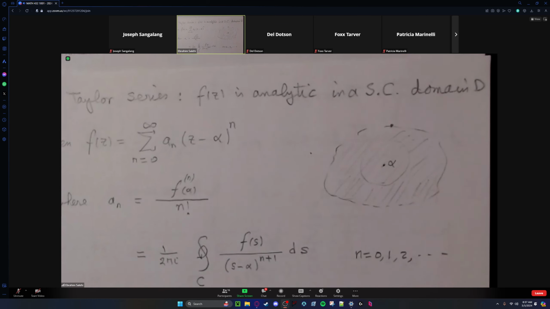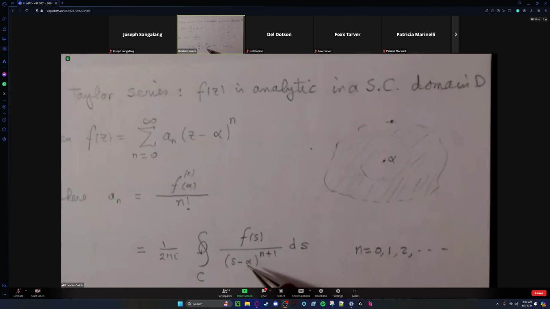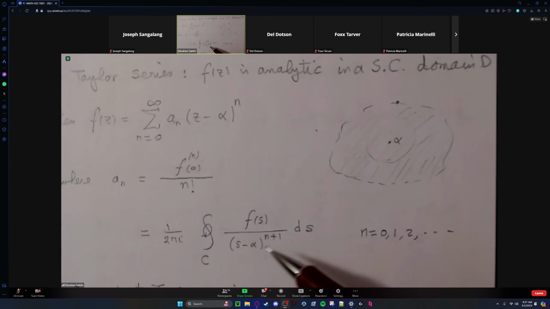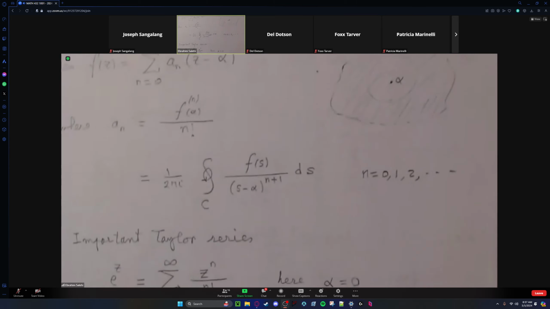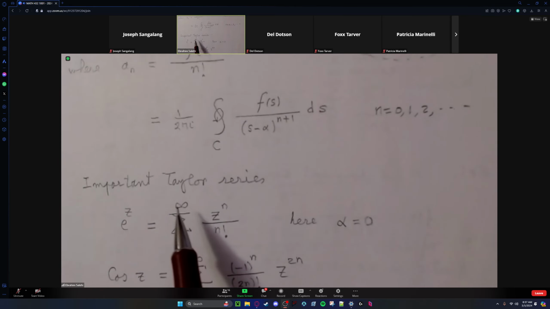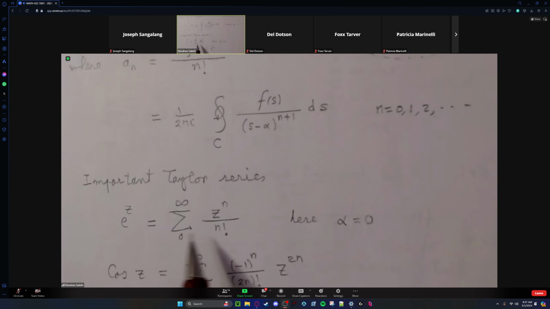Well, we used this theory to find the important power series, right? For example, we found the Maclaurin series or power series of e to the z, which is this one. Here, alpha is 0. Of course, we can have alpha something else, but this is it.